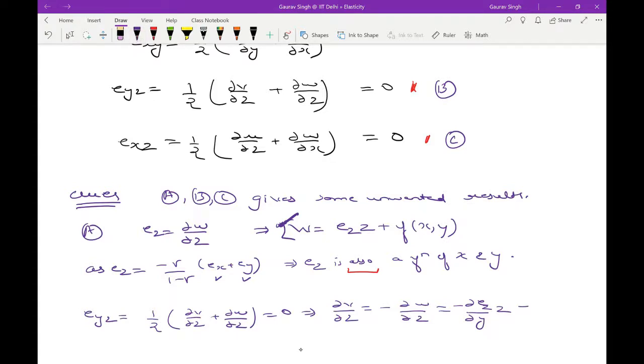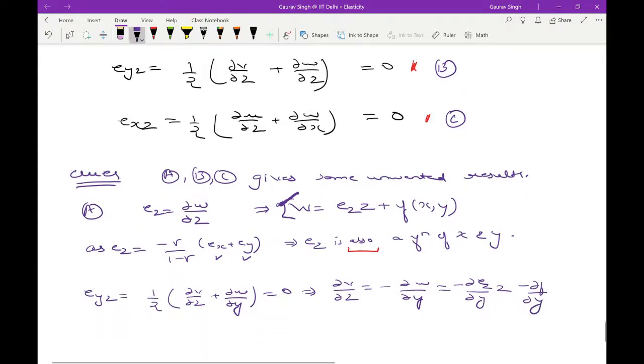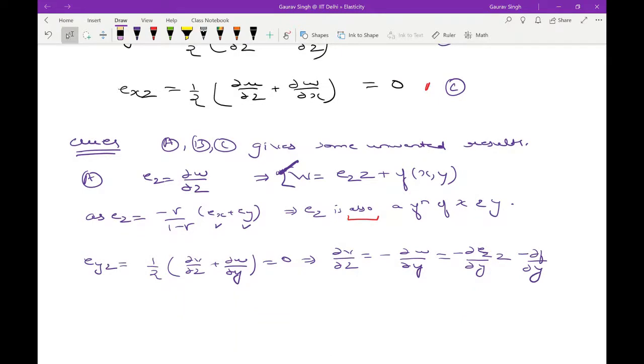Sorry, this is ∂w/∂y. And that should be equal to ∂f/∂y.